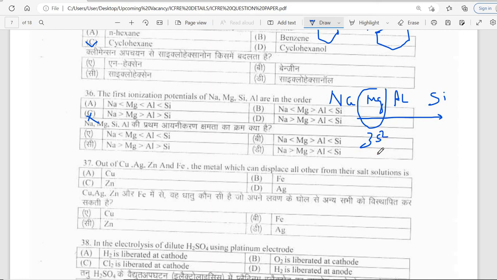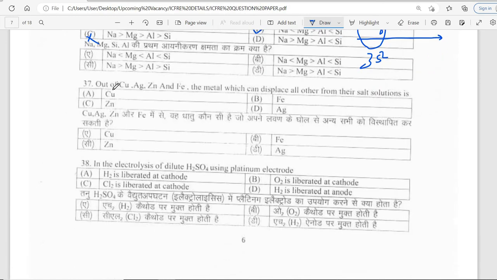So 3s2 means the s orbital is fully filled with two electrons, so it requires a higher amount of energy to remove the electron from its valence shell as compared to aluminium. So option B should be the correct answer. Silicon is highest and sodium lowest, but magnesium should be higher as compared to aluminium and sodium.